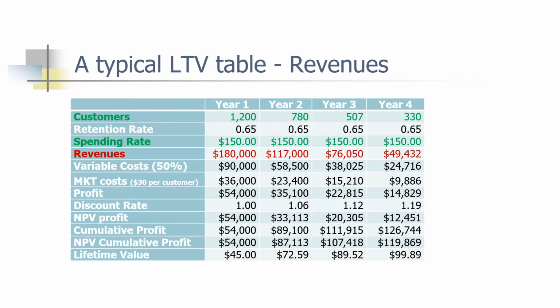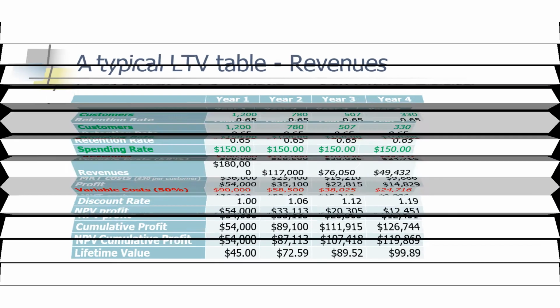Well, I'm going to multiply the number of customers times the spending rate, 180,000. So guess how much it would be if I multiplied 780 customers times $150? That's right, 117,000. How about 507 customers times $150? That's right, $76,050. That's how I calculate, and that's how I build a formula for revenues.